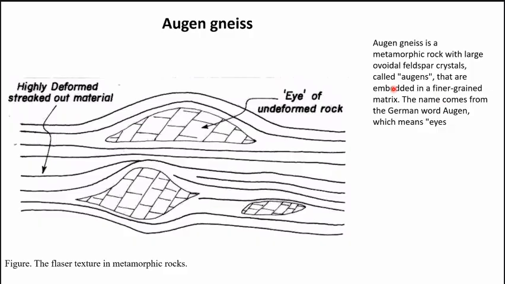Augen is a rock with large oval feldspar crystals called augen. Augen is a German word that means eye. It's eye-shaped if you look at it here. Okay? Yes, ma'am. So this is a highly metamorphosed rock. You are going to see the feldspar inside of it like this. Okay? Yes, ma'am. You're going to see garnet inside of it like this also.